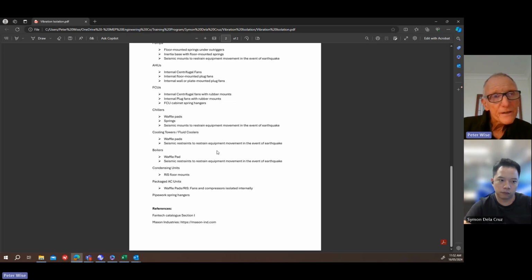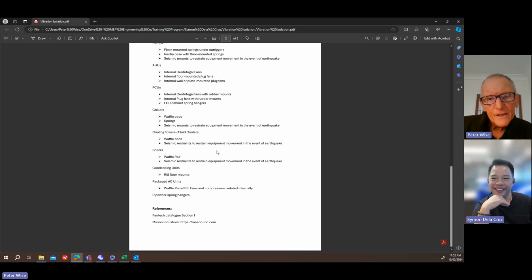I think it's AS 1170, but don't quote me on that. It talks about the importance of a building. So importance levels, obviously, they're very high for a hospital, for instance, where there's lots of people who are not well and can't just jump out of bed and run out of the building if there's an earthquake.